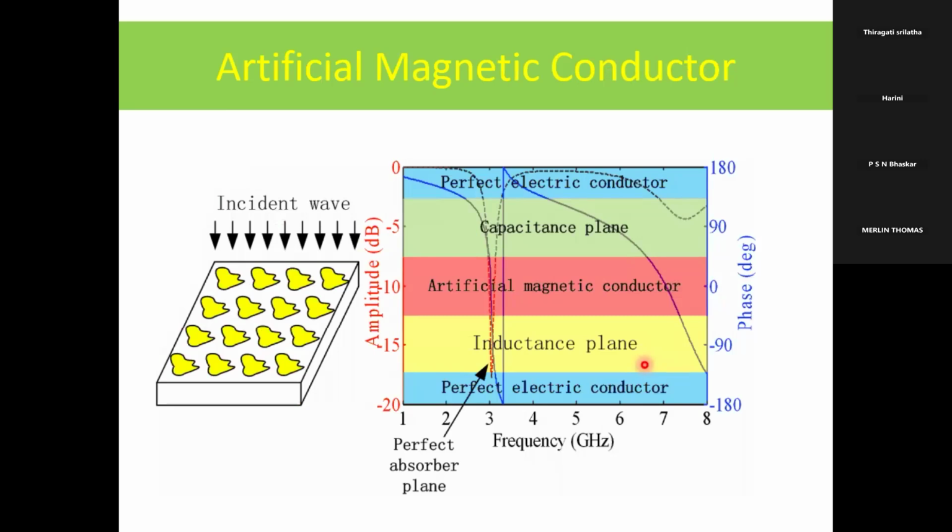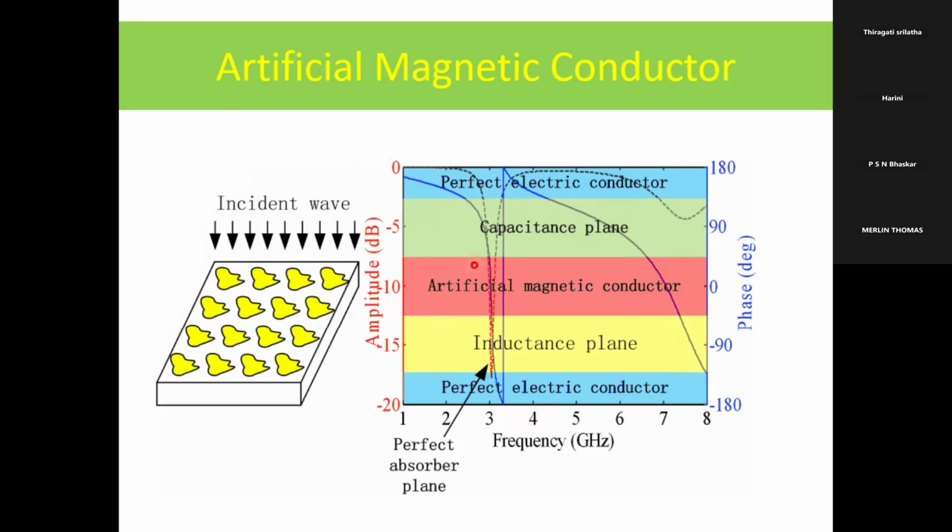The parameter is the reflection. What is the angle of reflection? If the angle of reflection is 0 degrees, it is an AMC. If the angle of reflection is 180 degrees, it shows it is a PEC. So here, what you have to observe is the angle of the reflected wave.